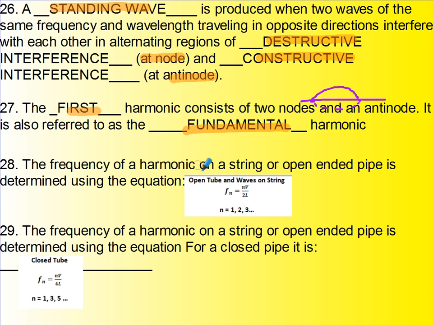Now, the frequency of a harmonic on a string or open-ended pipe is determined by using the equation f_n equals n v over 2L. Remember, this is a string wave. You count the number of antinodes, 1, 2, 3.